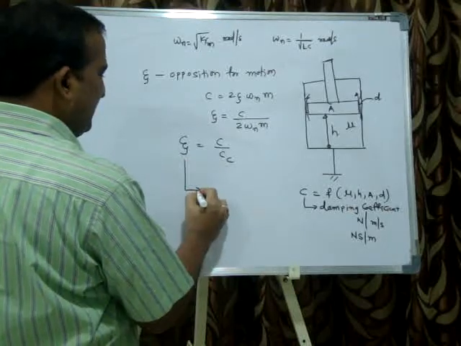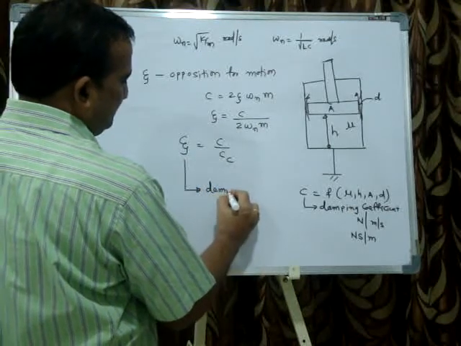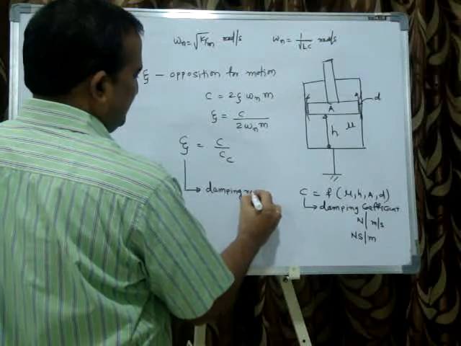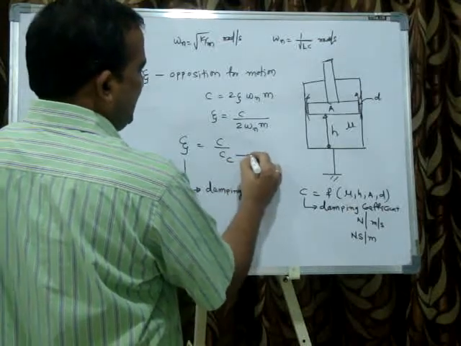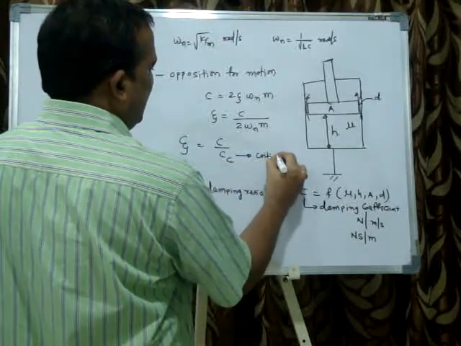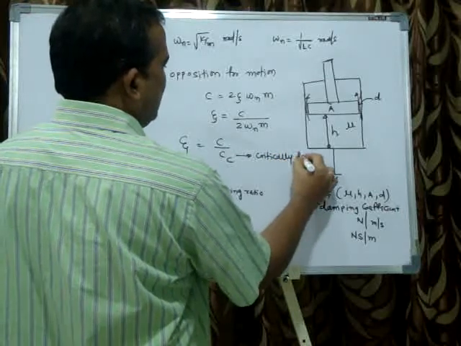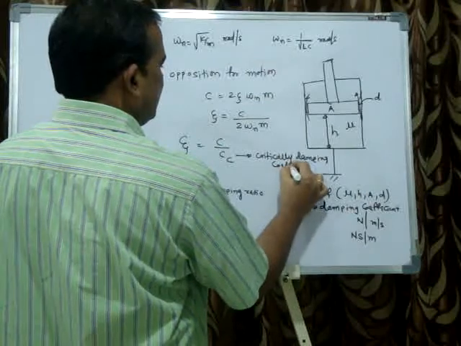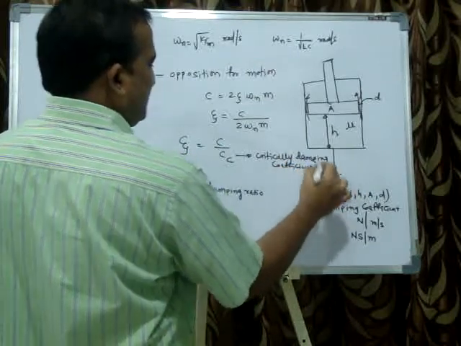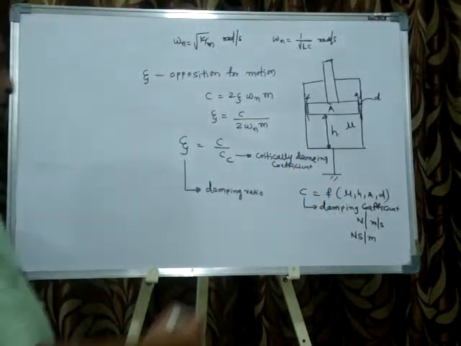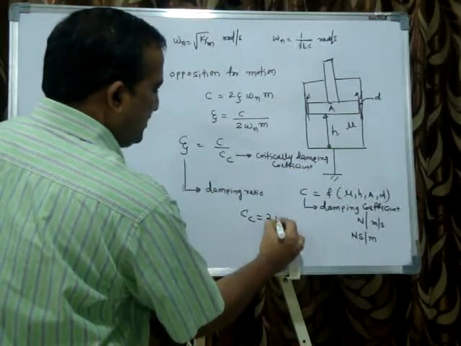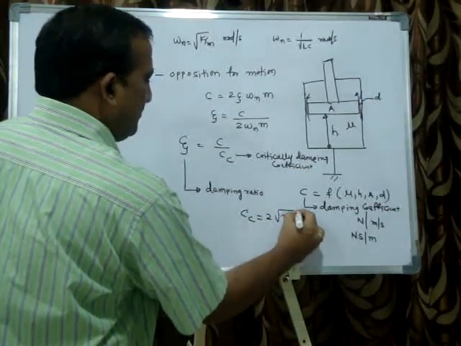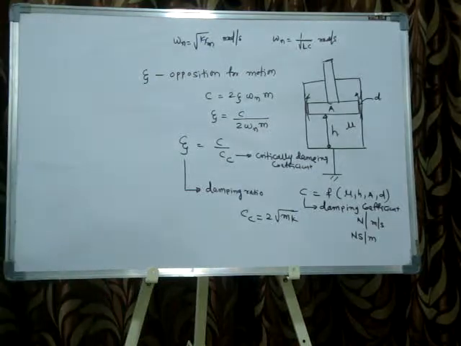This is called the damping ratio, unitless. Cc is called the critical damping coefficient. C is the damping coefficient, I already wrote. So Cc in a mechanical system is 2 root of mk, mass into stiffness.